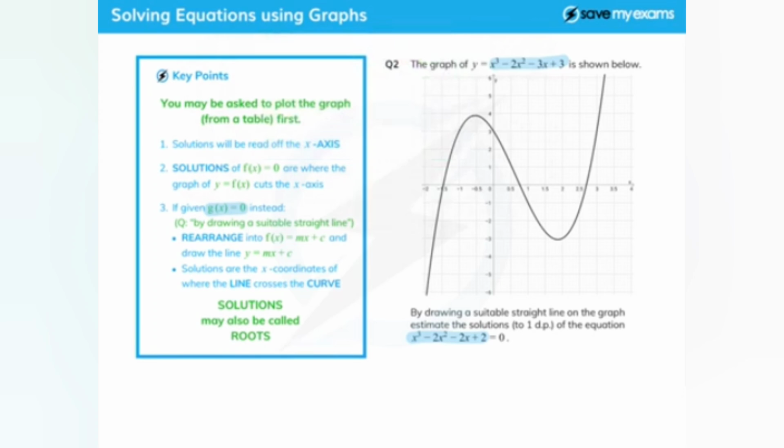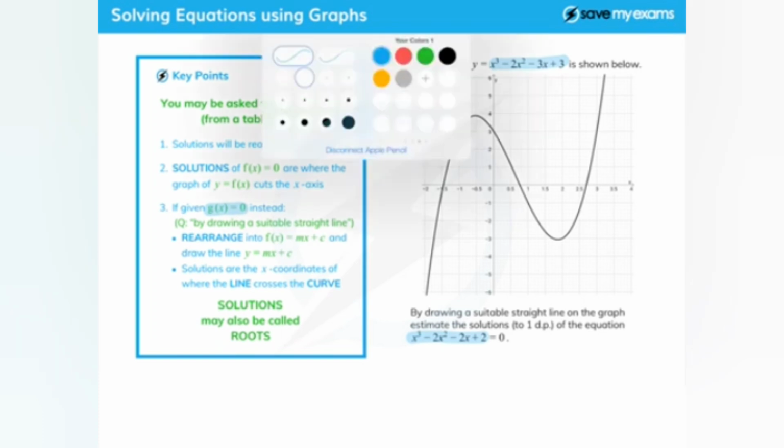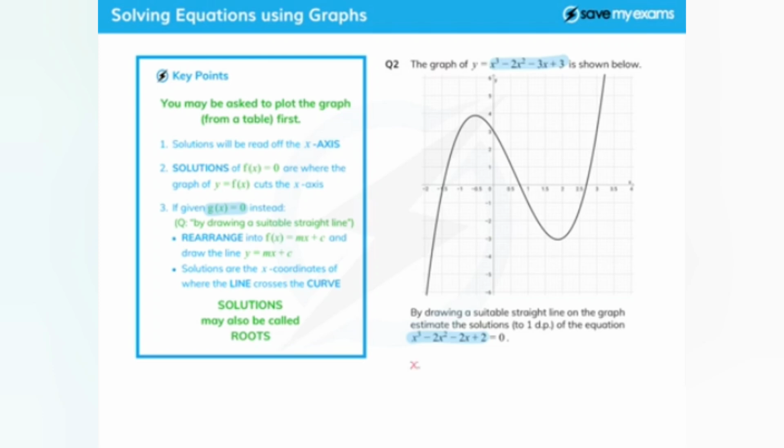We're going to take the highlighted equation at the bottom and make it look like the function we've got at the top. So what we actually want is, and it's quite a good idea just to write it down, x cubed minus 2x squared minus 3x plus 3 equals something. Well, how do we get from the top one to the bottom one?